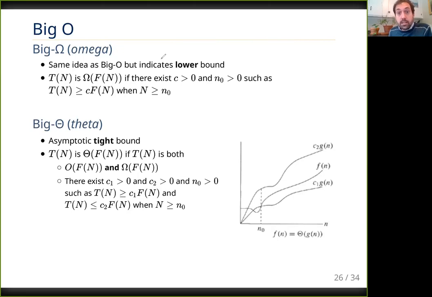bound. It essentially means that we would have a certain T of n, which describes a curve, and we can find a function f of n such that we can find two constants, C1 and C2, where C2 times our bound will always be above the function that we're trying to describe, and C1 times the big theta will always be lower.